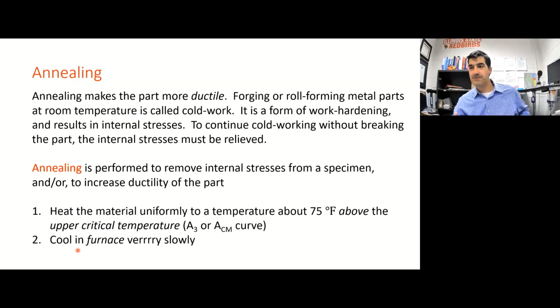And then what's going to happen is, over the course of about a day, the furnace is going to gradually cool down, and the specimens that are inside the furnace will gradually cool down over that time. And that's actually what we're going to do in Lab 7 for the part that we anneal. We're just going to leave it in the furnace, turn the furnace off, let it gradually cool down, and we'll pull it out of the furnace the next day.